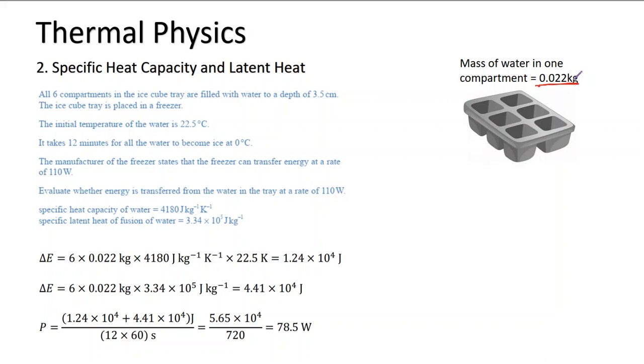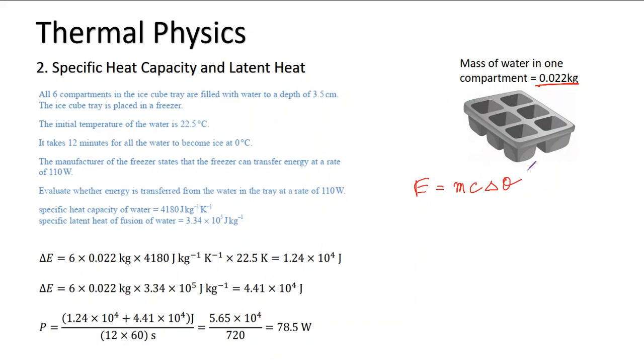So there are 2 things going on here. The freezer does 2 jobs actually. One is lower the temperature of water and then freeze that water into ice. So whenever you get a concept of temperature change associated with energy, the equation is E equals mc del theta.